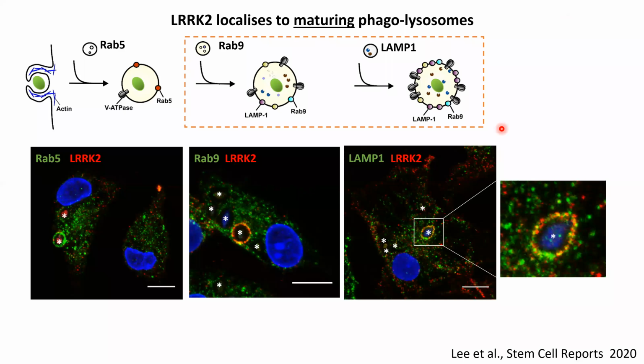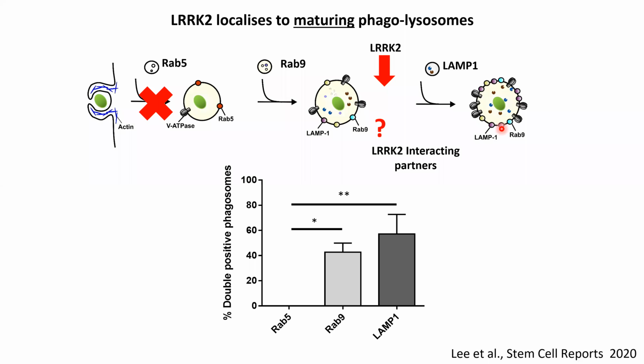So this shows, and this is the quantification of it, that LRRK2 is localizing to maturing phagolysosomes, so at around the time when phagosomes are fusing with lysosomes. So we wanted to know more about what's going on at this time point and what the interacting partners might be of LRRK2.